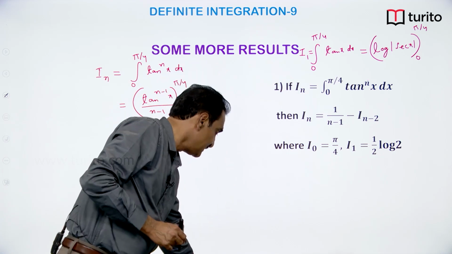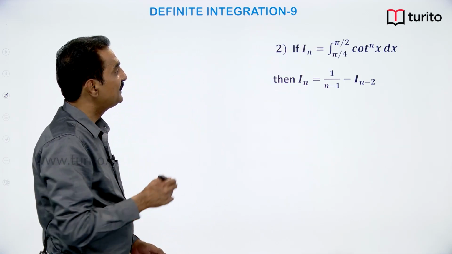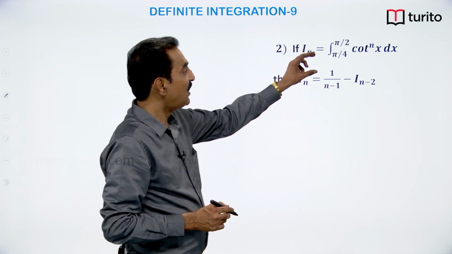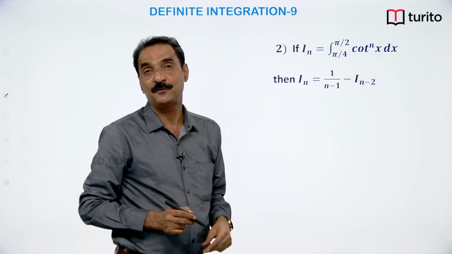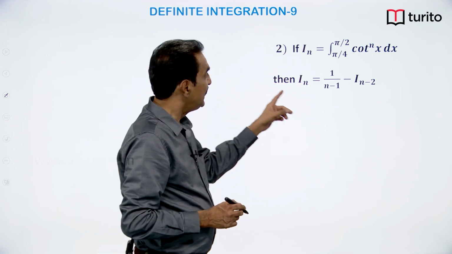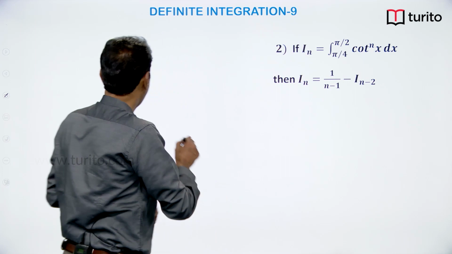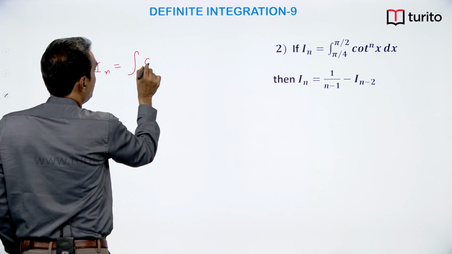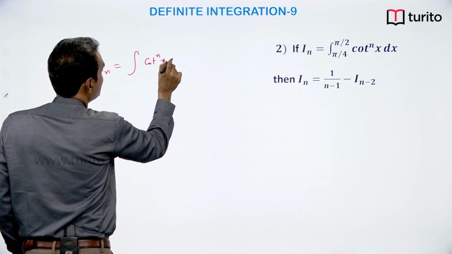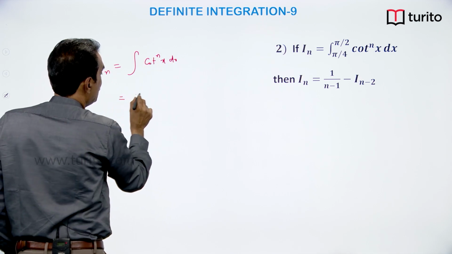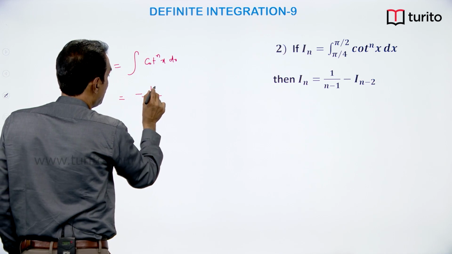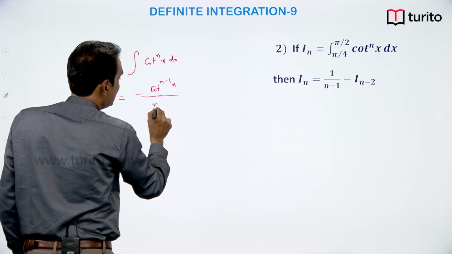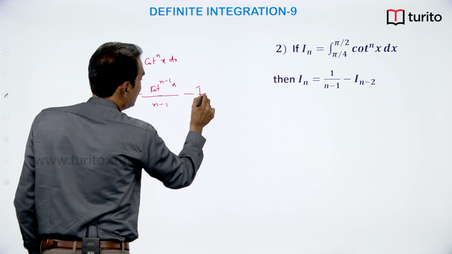Similarly, if In is equal to the integral of cot power n x dx, for cot power n x the standard limits are pi by 4 to pi by 2. Using the reduction formula in indefinite integration, In is equal to the integral of cot power n x dx is equal to minus cot power n minus 1 x by n minus 1, minus I n minus 2.